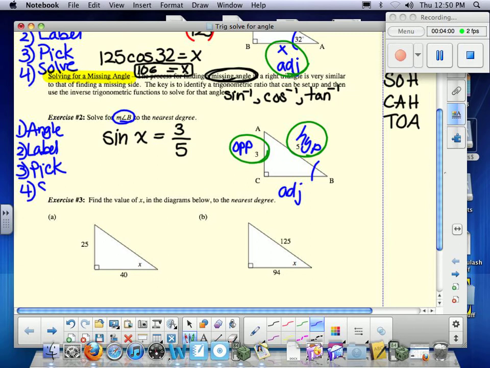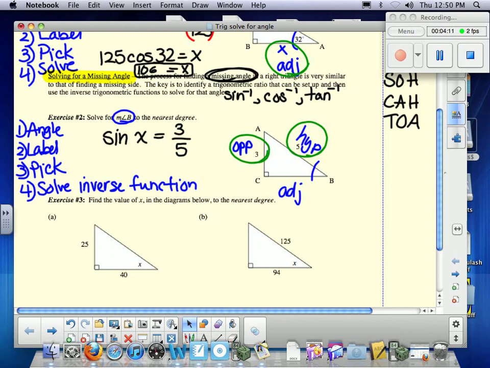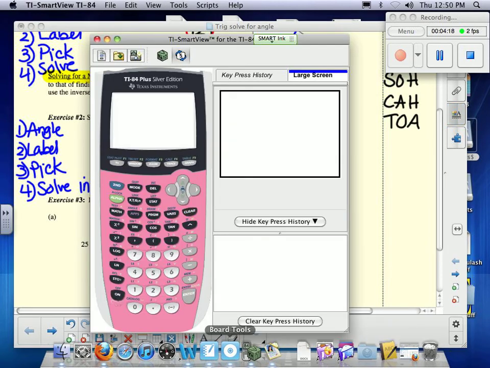To solve this time, you're going to use the inverse function. And we did it earlier this week. I'm going to go to my handy dandy calculator. So what are we using?